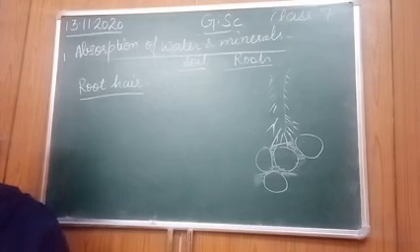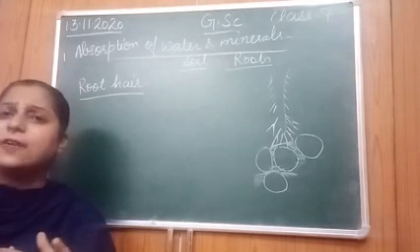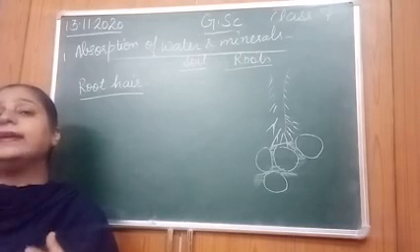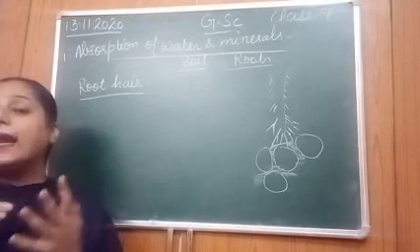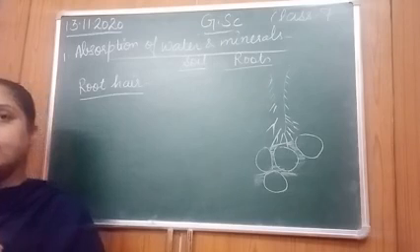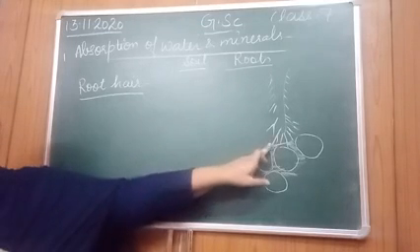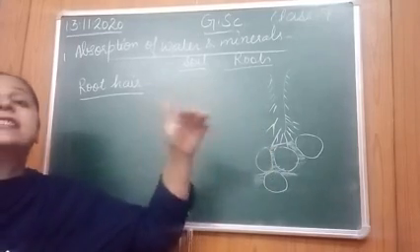It increases the surface area of the roots. Due to this large surface area, the root hair come in contact with more and more soil particles, so more and more water and minerals are absorbed. Hope this is clear to you. Now, this absorbed water and minerals move from cell to cell.